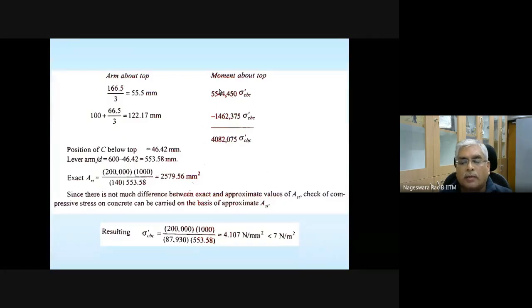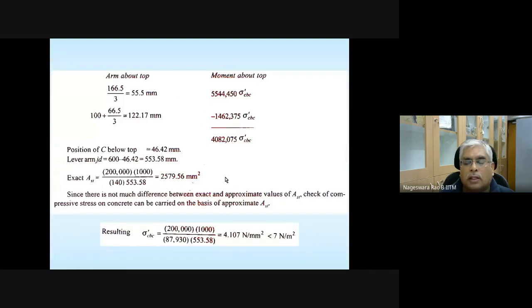And you just check whether the area of steel that you get here matches with the area of steel that you started with. If they are close enough, then you can stop the iteration. Otherwise, you need to do one more iteration till, in successive steps, the area of steel matches. So this is basically an iterative process.